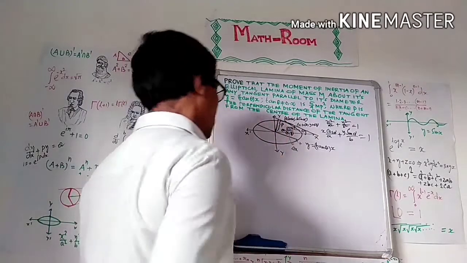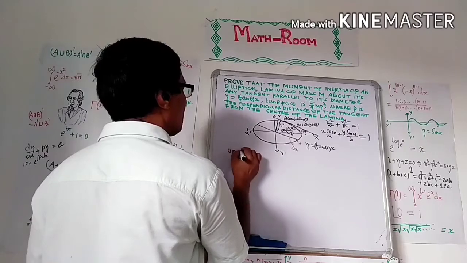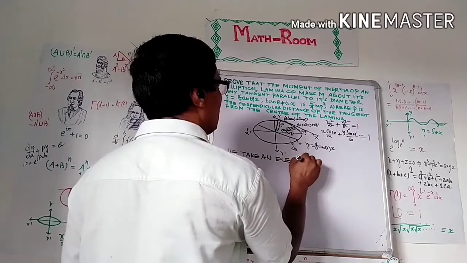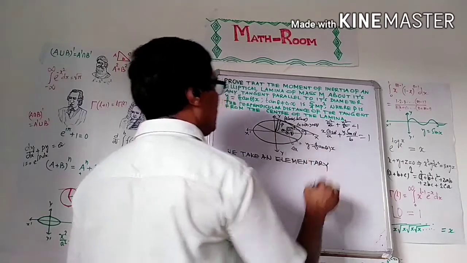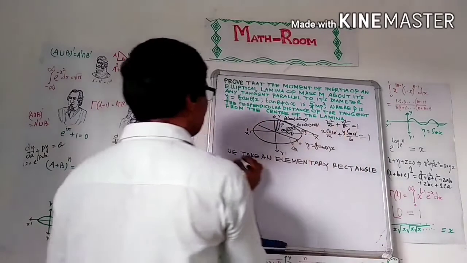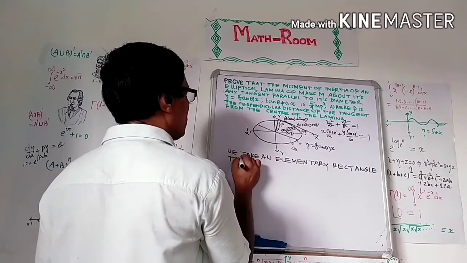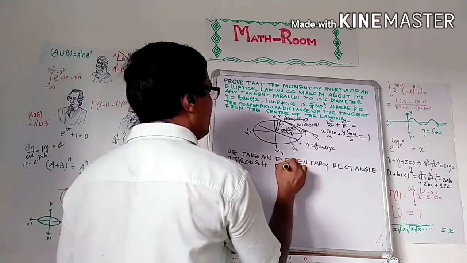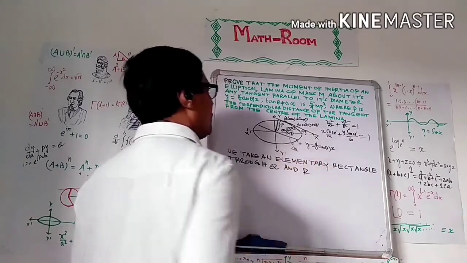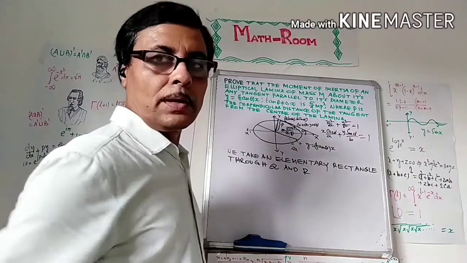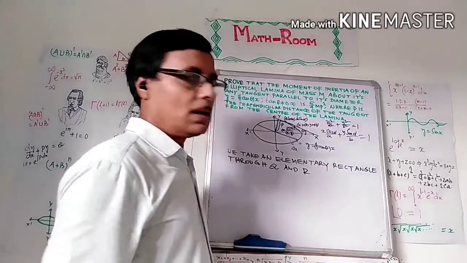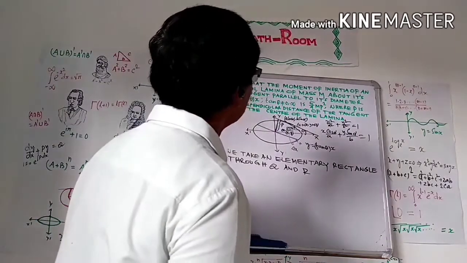Its corner points are Q and R, whose coordinates are: Q is (x, y) and R is (x plus del x, y plus del y).